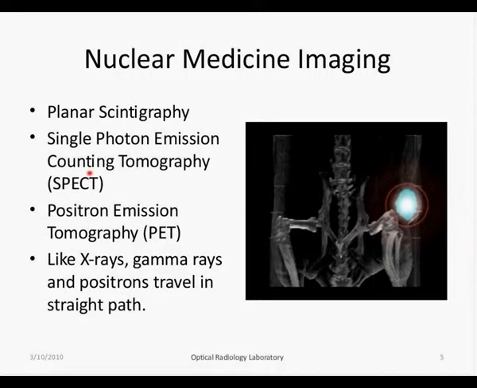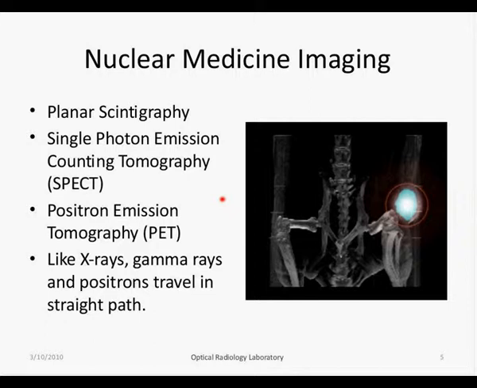You can direct those using molecular targeted agents, or use the reporters based on metabolism or other factors to identify your disease, your lesion of interest, which is then captured either by planar scintigraphy, so a scintillator pad in just one or two dimensions, or using tomographic methods such as SPECT or PET.